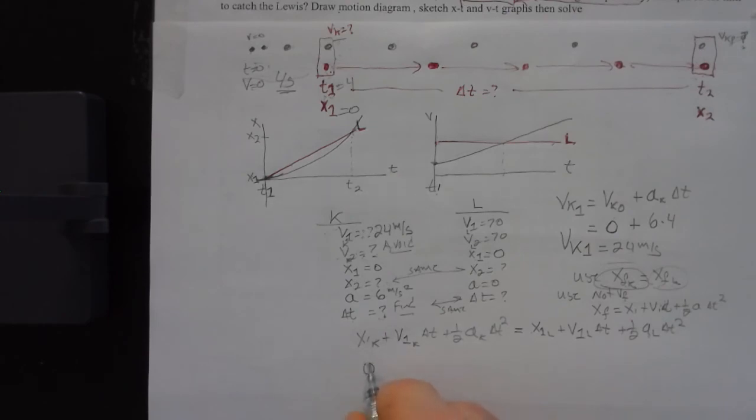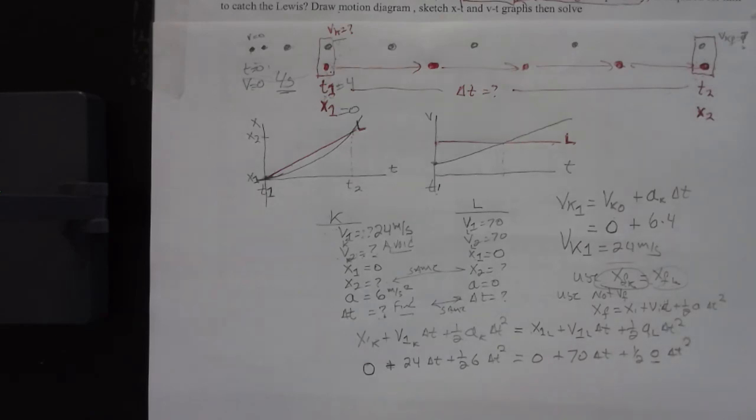So now I'm going to put in the numbers. 0 equals, whoops, it isn't equals, it's a plus. 0 plus 24 delta t plus 1/2 of 6 delta t squared equals 0 plus 70 delta t plus 1/2 of 0 delta t squared.